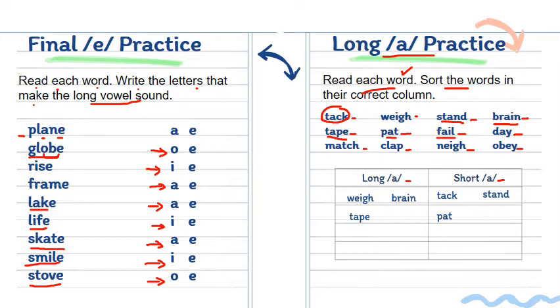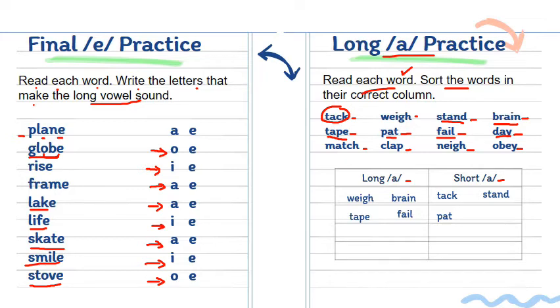Next, I have fail. Fail. I can hear the long A sound in the middle of fail. So it should go to the long A column. The word next is day. D-a. I can hear the long A sound in day at the end.